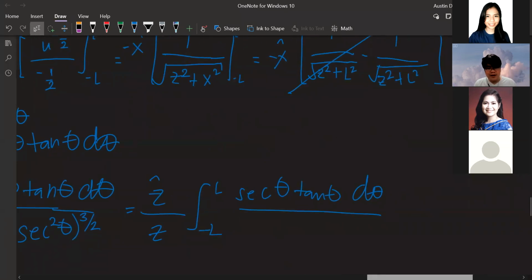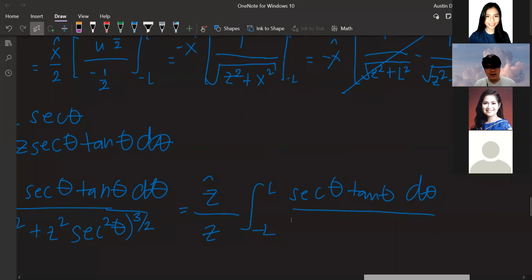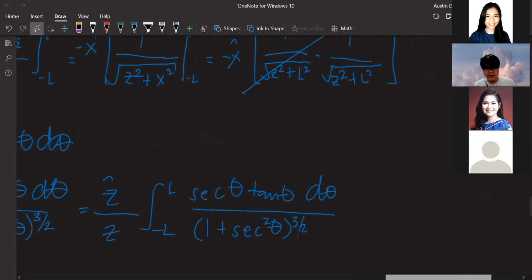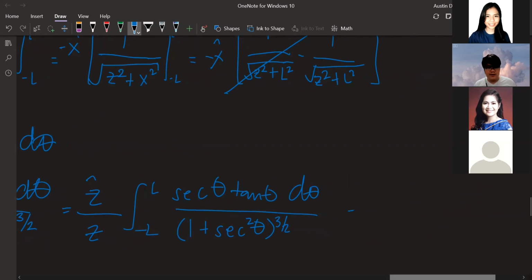And the denominator will be ito ay magiging 1 plus secant squared. Tama? And this is just tangent squared. This is just z hat, negative L, and we're left with secant theta, tangent theta, d theta, and yung denominator mo will be tangent squared.